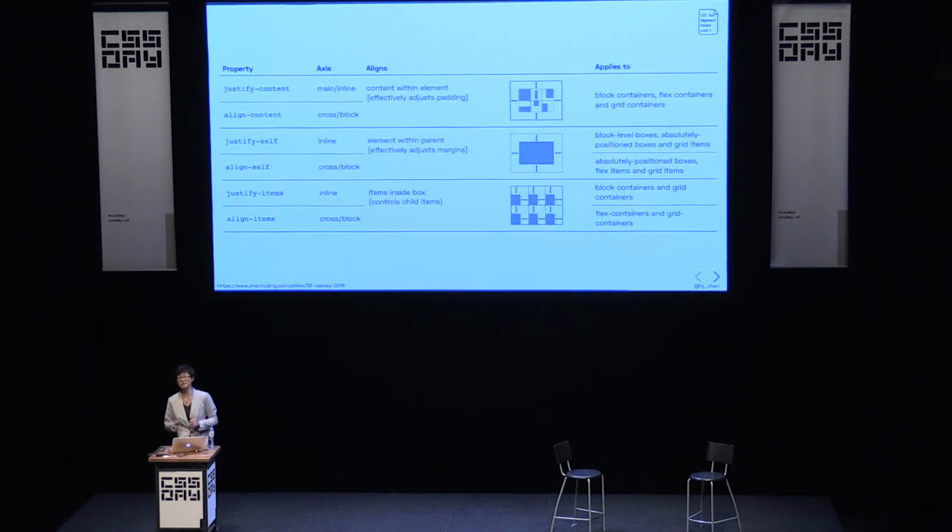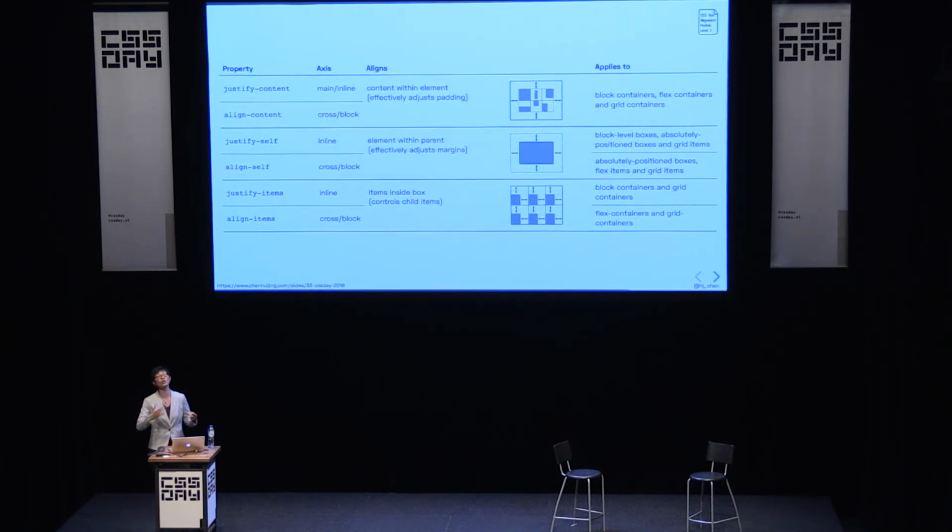Eventually, the CSS working group decided that it made sense to come up with a cohesive and common box alignment model that could be shared across all the different formatting contexts, because who knows, there might be a new one coming up eventually. So that's the CSS box alignment module level 3. And they define the 6 properties that control alignment of boxes within other boxes.